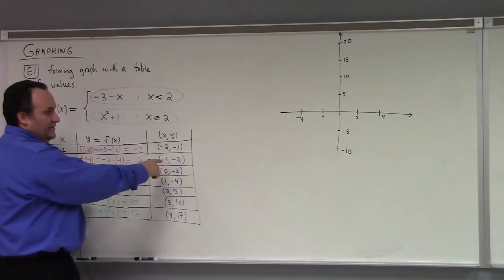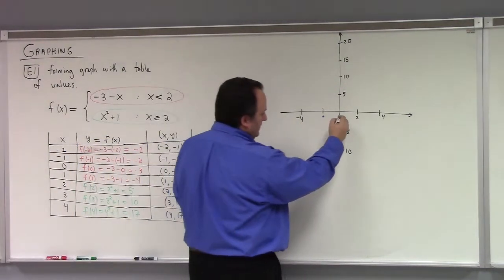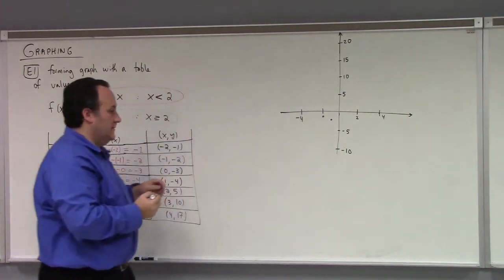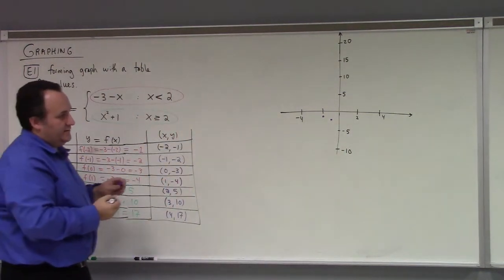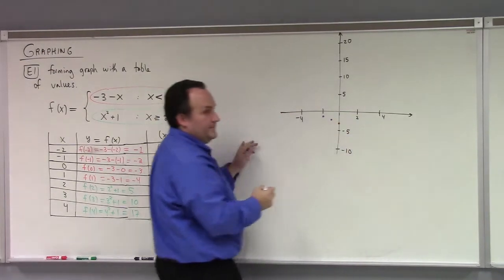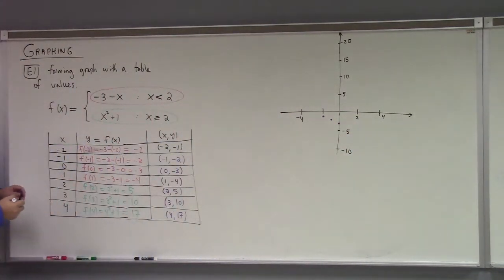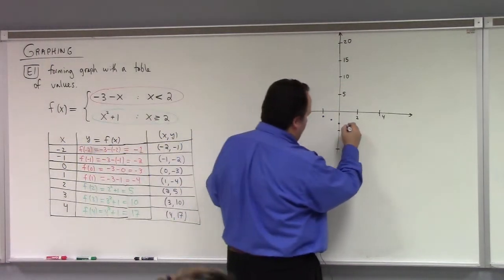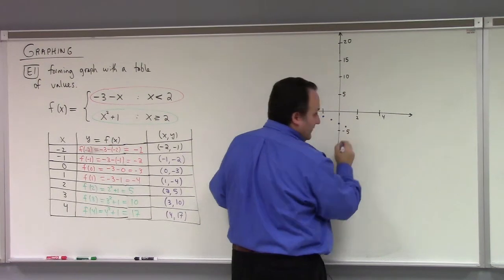Then -1, -2 is round about here, right? 0, -3 is about there. Okay. 1, -4 is about here, right?